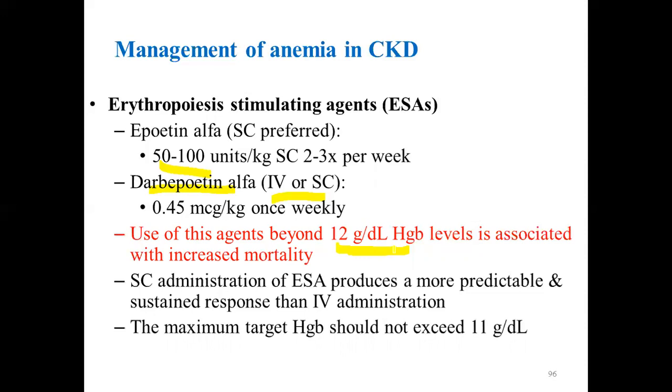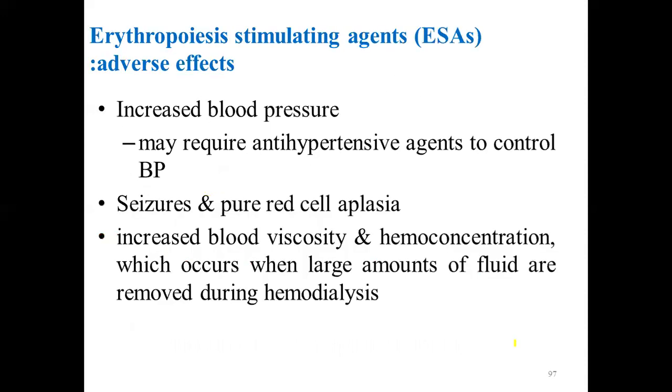Apart from that, it can cause increased viscosity of the blood, and the patient will end up having clot formation or thromboembolism. So most of the time, use is generally not recommended if the patient has a hemoglobin level of 12 grams per deciliter. The maximum target hemoglobin should not exceed 11 grams per deciliter.